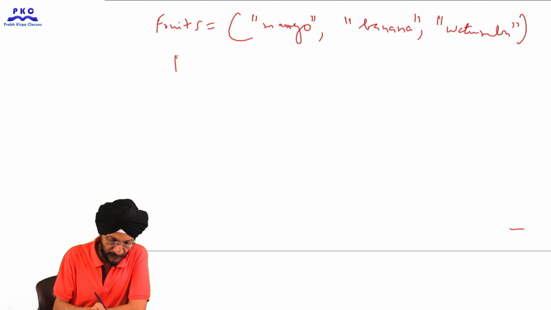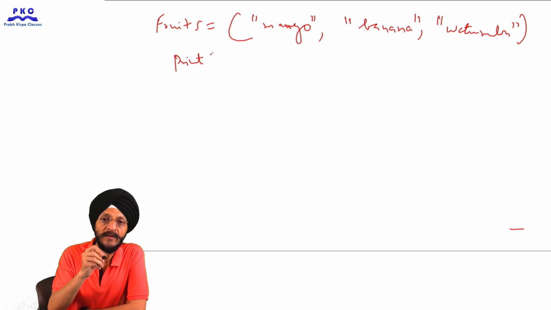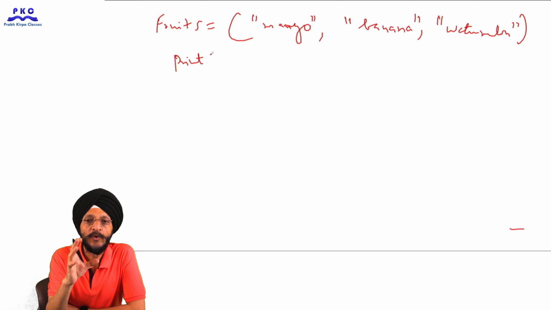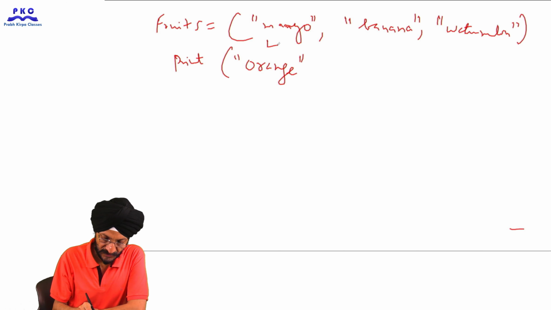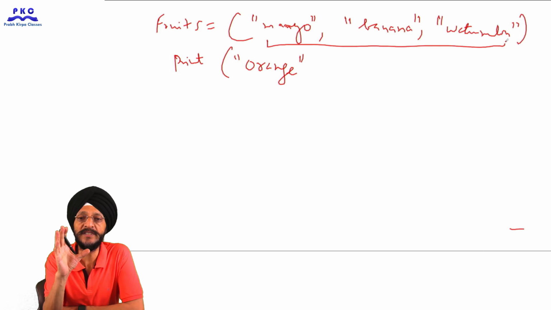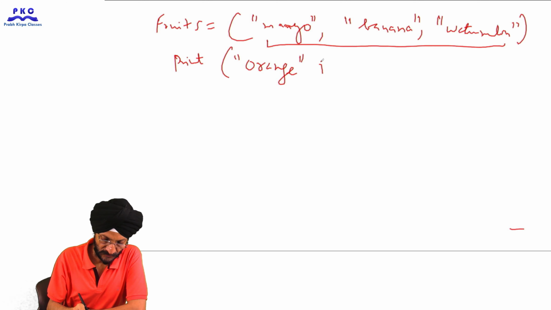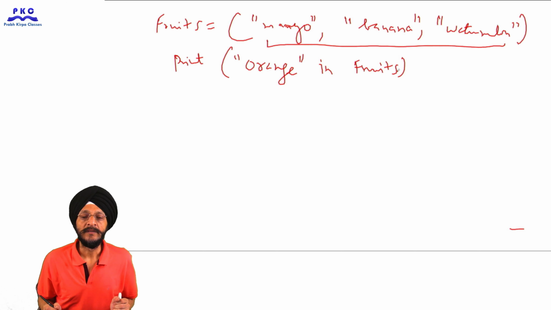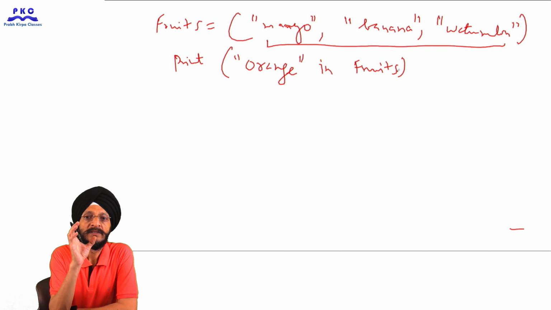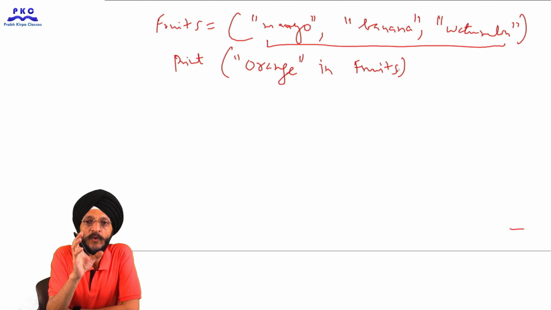If we use the print function and also the in operator to find whether orange is there in this sequence or in this tuple, orange in fruits, the output in the code editor.